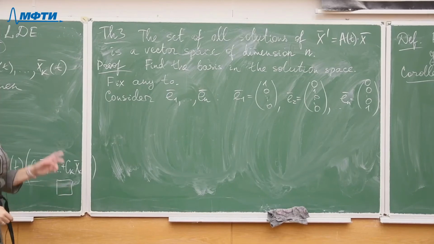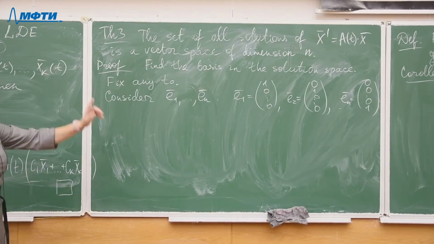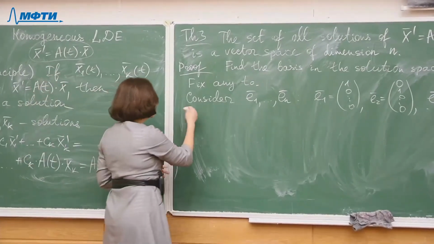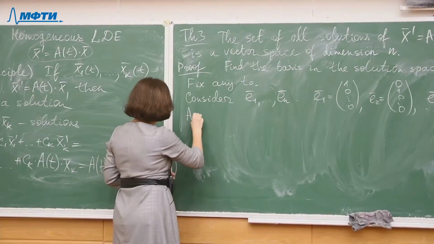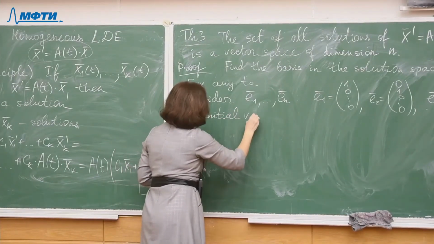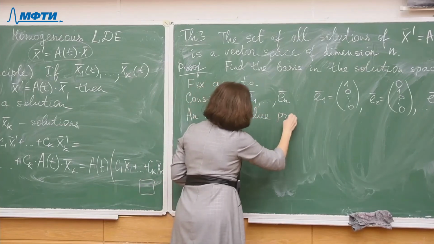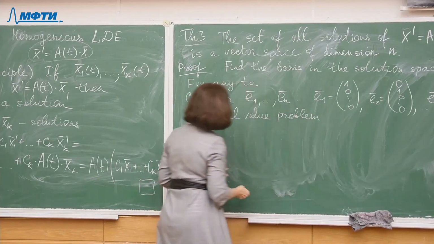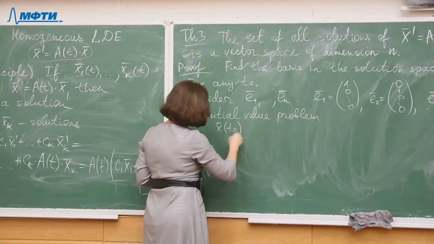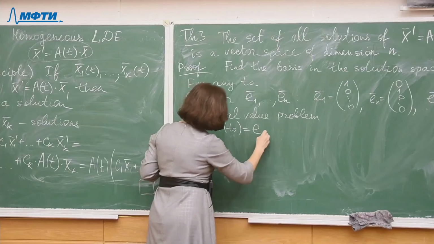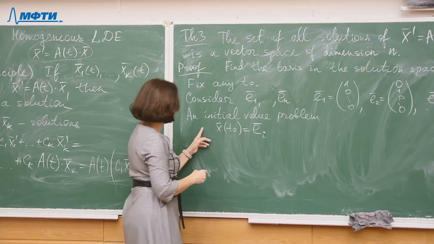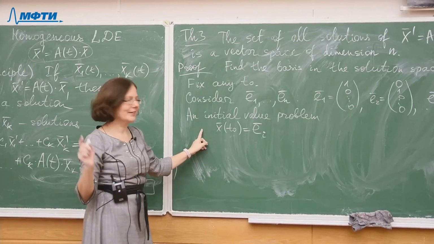Okay, and we will consider n initial value problems. Consider the following initial value problem: x of t0 equals ei, where i runs from 1 to n. So there will be n initial value problems.